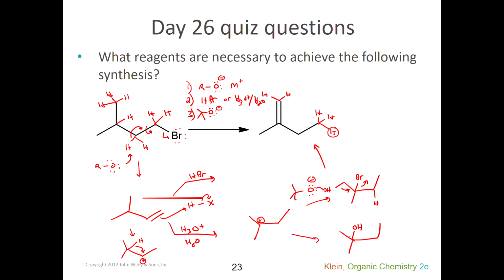If I have the OH in the third step, I would first have to do a tosyl chloride and pyridine. That would convert the OH into an OTs leaving group.